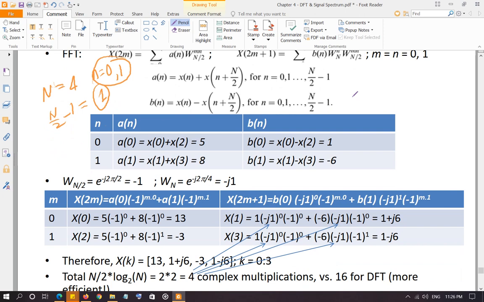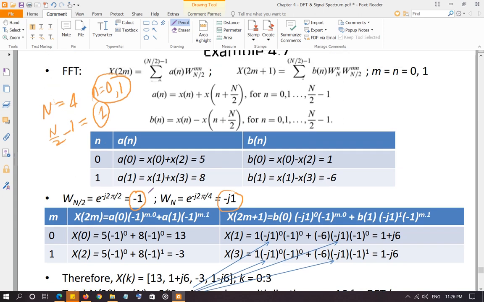So now you go over here, this table. First I calculated the two twiddle factors, twiddle factor n by 2 and twiddle factor to the base capital N. One is coming out to be -1 and the other is -j. So x of 2m, which is the even number components, when I calculated it, you can go through it, of course, look at the formula carefully.